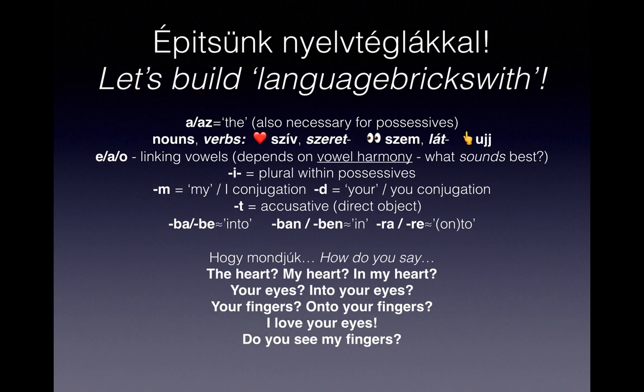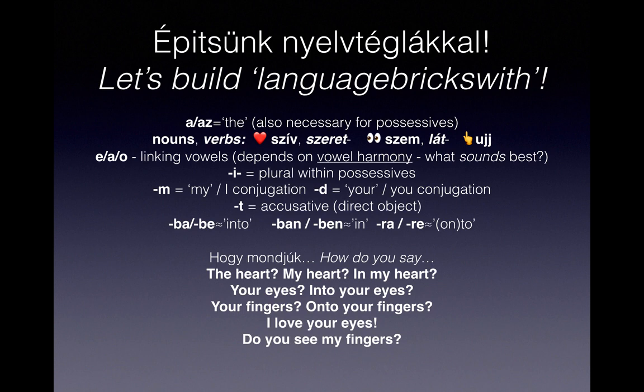And then I love your eyes, that I just gave you a peek at, is just take the verb root, add the conjugation, which is the same as the possessive marker for the first person singular I conjugation. That's the first word. So I love is szeretem. And then we're going to say your fingers, and this has to be in the accusative because you're loving the fingers, therefore they're the direct object.